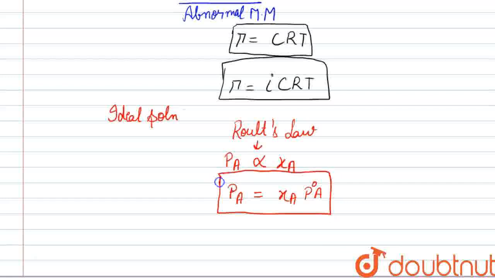This is the equation of Raoult's law. Those solutions which follow this equation are ideal solutions, and those which deviate from it are non-ideal or real solutions.